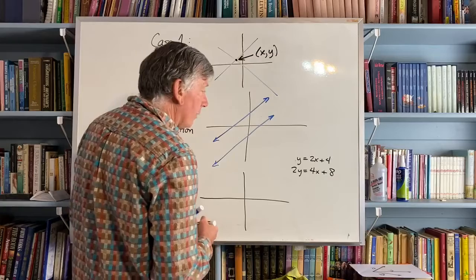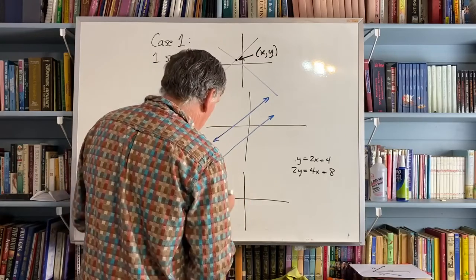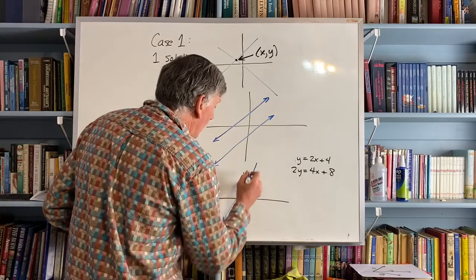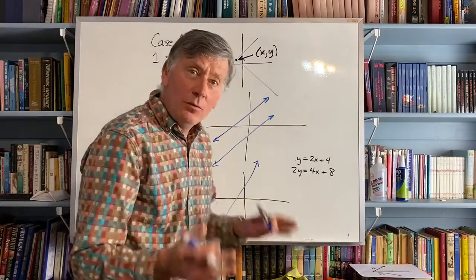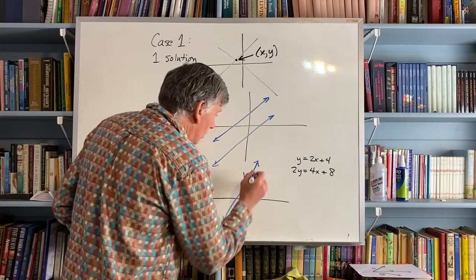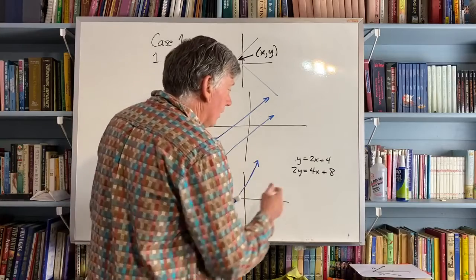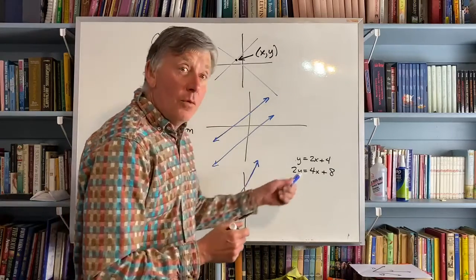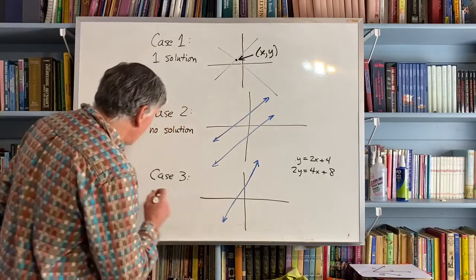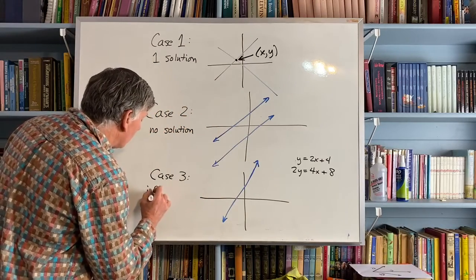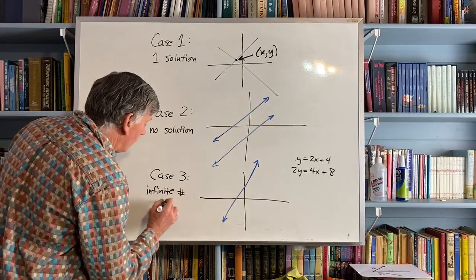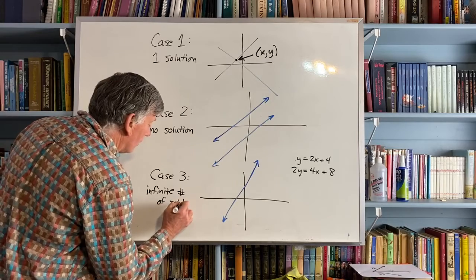In that case, we have one line right on top of the other. In this case, there are a whole lot of points that work, every point that's on this line, an infinite number. And so we write infinite number of solutions.